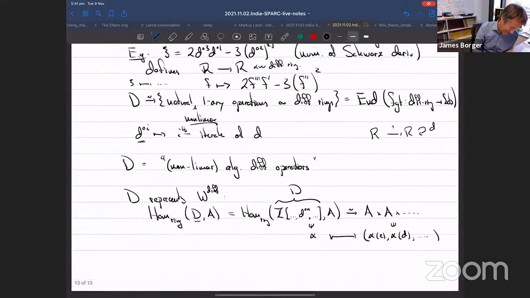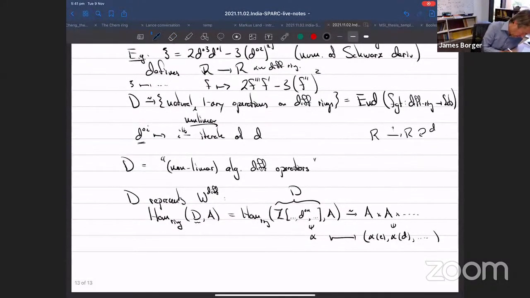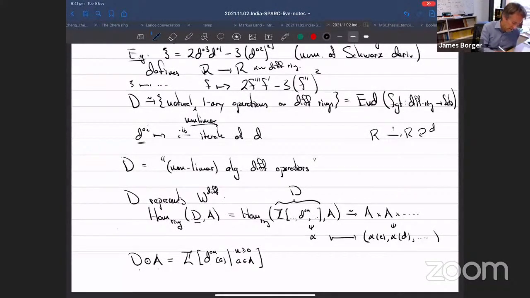Okay, let me finally say, so this is sort of what we care about at the moment, but let me just tell you what this left adjoint is now. D circle A will be generated by symbols from here combined with symbols from there, like a tensor product. So let me write it this way, where N is at least 0 and A is in A. But now it's generated as a ring.